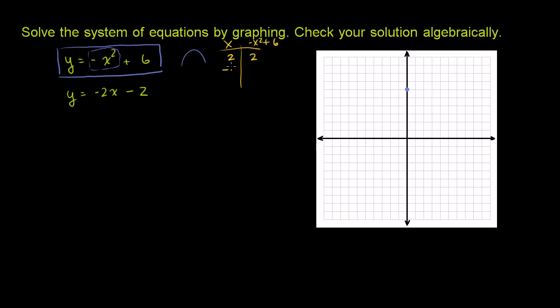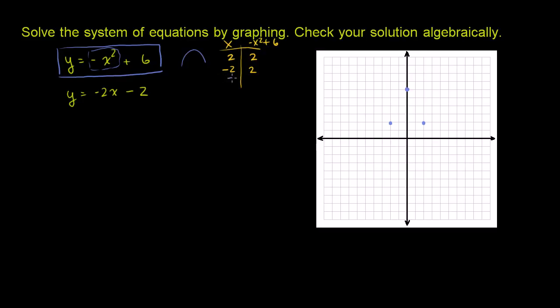The same thing when x is negative 2, because you square it, you have positive 4, but you have a negative there. So negative 4 plus 6 is 2. So you have both of those points: 2 comma 2, and negative 2 comma 2.